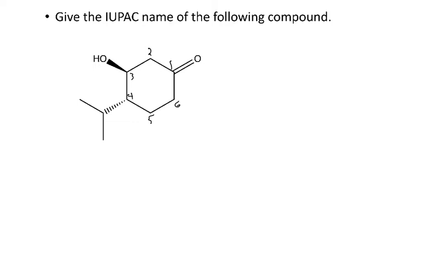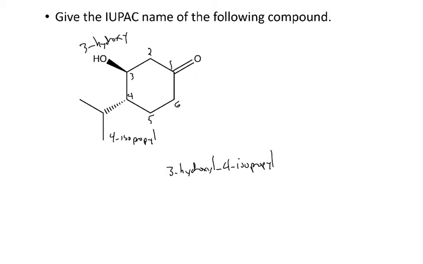Then my substituents are, I have a 3-hydroxy, I have a 4-isopropyl, and then of course it's going to be cyclohexanone on the end. Alphabetically H comes before the I, so I have 3-hydroxy, 4-isopropyl.